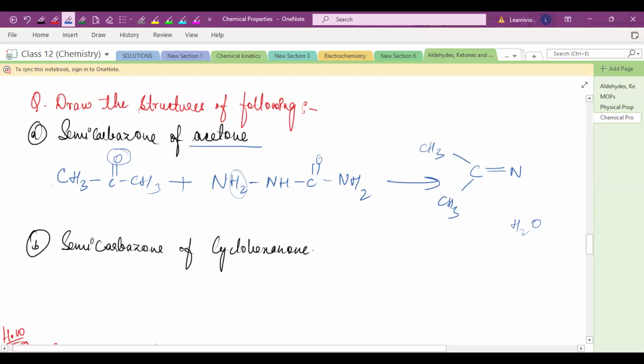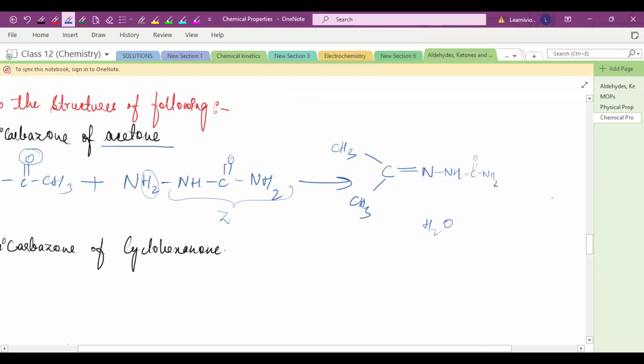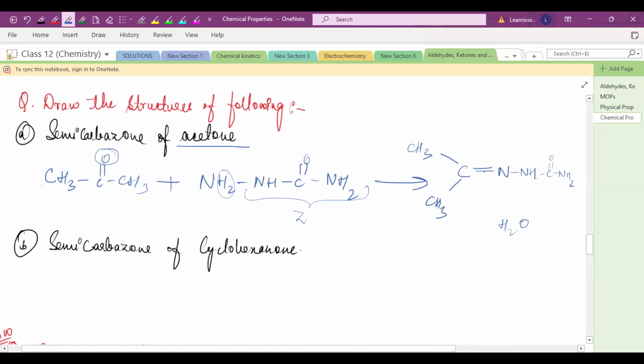Now, what is the Z group in this? Z group is this one. So you will write NHCONH2. This is your semi-carbazide part. This is the structure, the semi-carbazone of acetone. Is it clear?